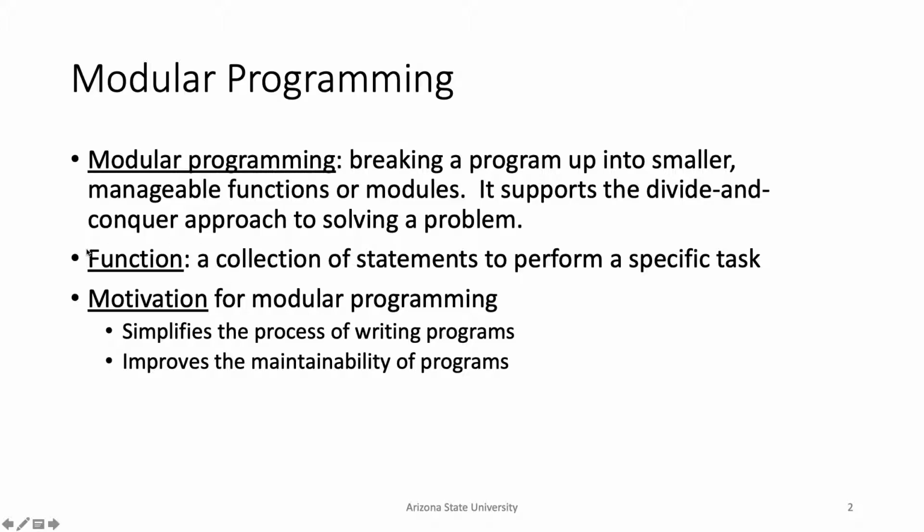A function basically is just a module in modular programming. It's just one piece. Usually you're performing one task. So in the example I showed you, one function was solely there to compute the factorial, and one function was solely there to compute n choose k.